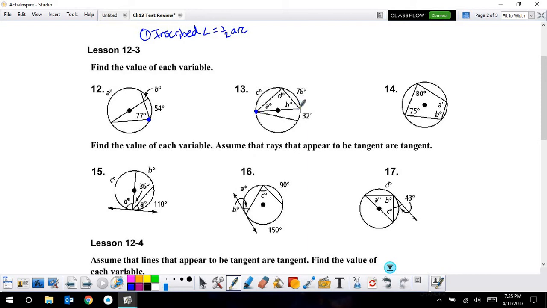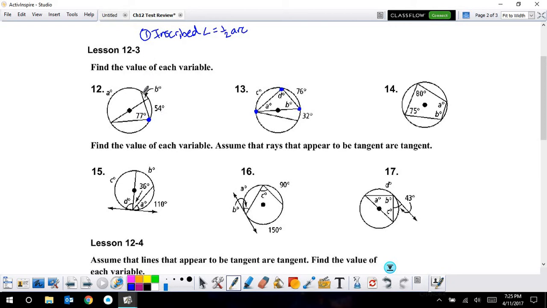Angle B, the vertex is on the circle. Angle D, the vertex is on the circle. So those are talking about inscribed angles. Okay. For 14, we're going to get to those a little bit different because you'll notice I don't have any arc measures here. Okay, so we'll deal with those here in a little bit.